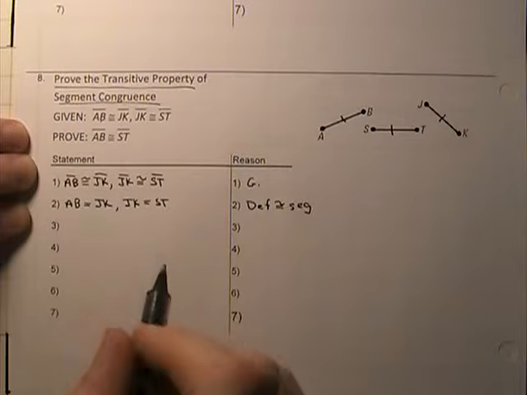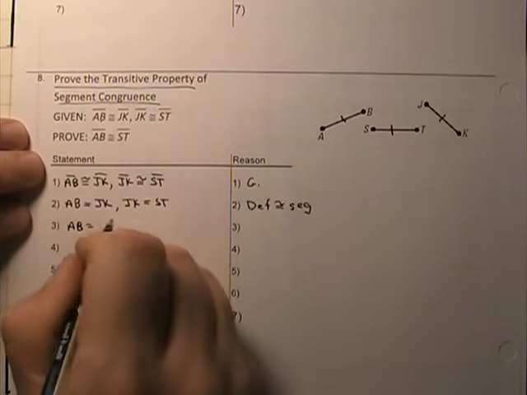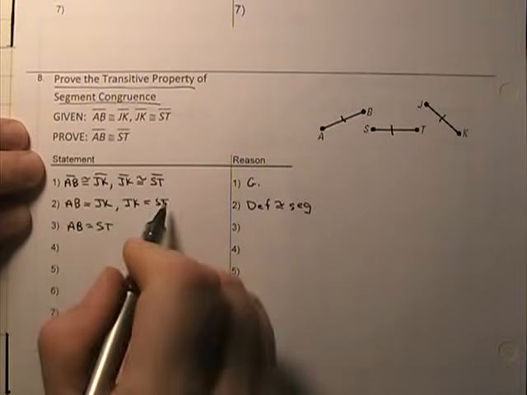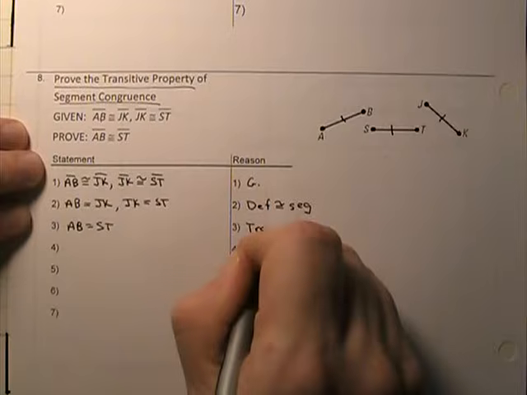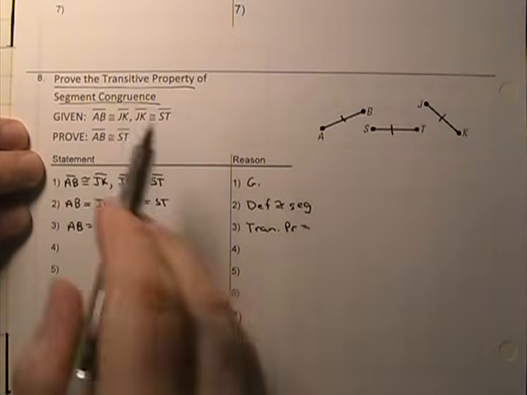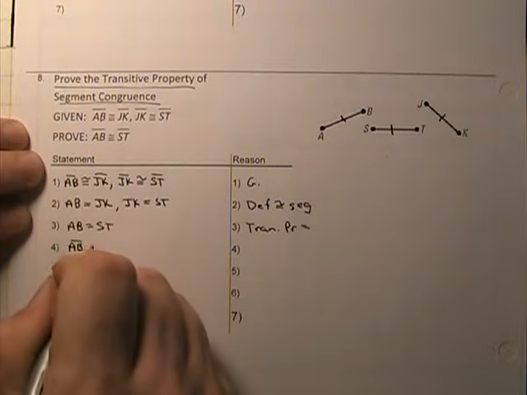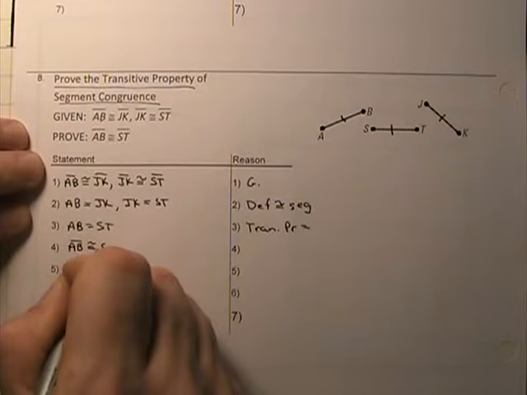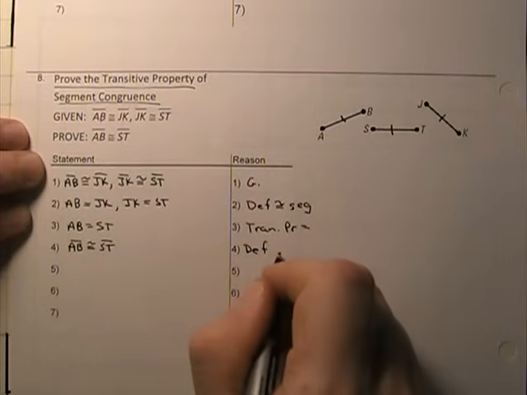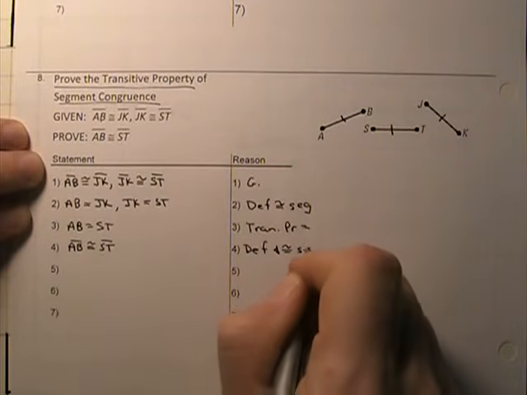And so if these are equal, since it's equality, I can say that the length AB equals the length ST. If A is equal to B, and B is equal to C, that's an example of the transitive property of equality. Notice, of equality, not of congruence, so it's okay to use it. And if I can say those two segments have that same length, then just like our last problem, I can say that they're congruent, and that's the definition of congruent segments.